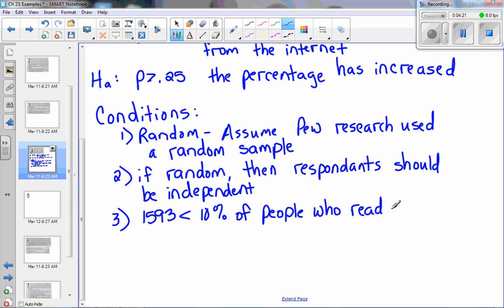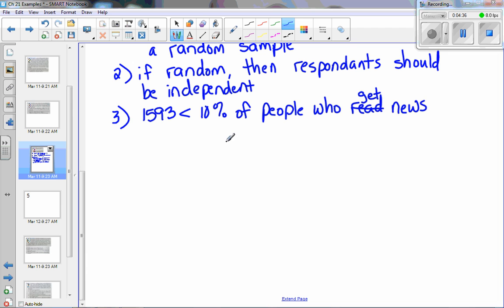I guess they wouldn't have to read the news. I suppose they could watch it on television. So maybe it would be better to say who get the news, whether it be in written form or through another media.